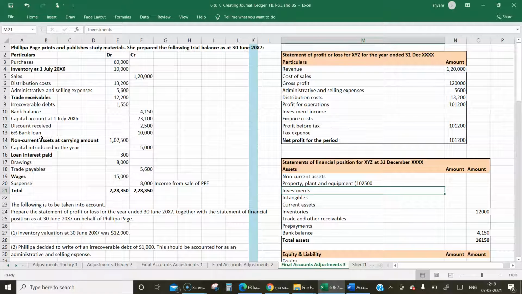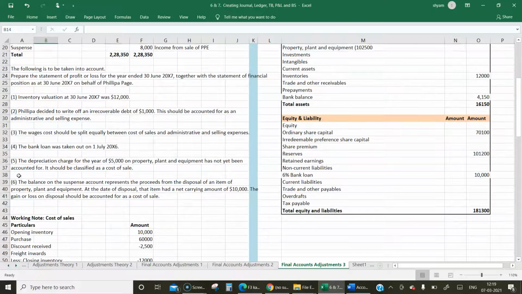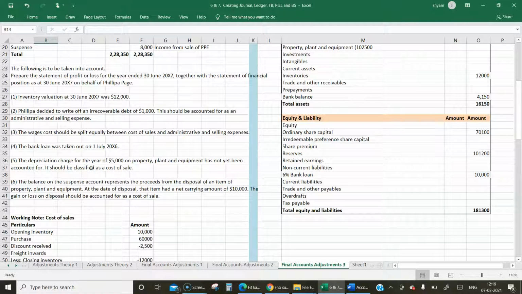We might have some depreciation, so we'll check that also. Yes, the depreciation charge for the property, plant and equipment has not yet been accounted and it should go to the cost of sales.